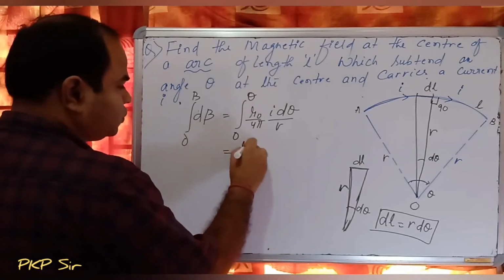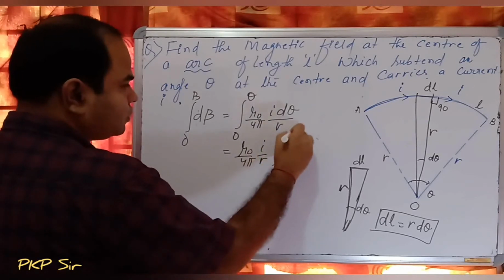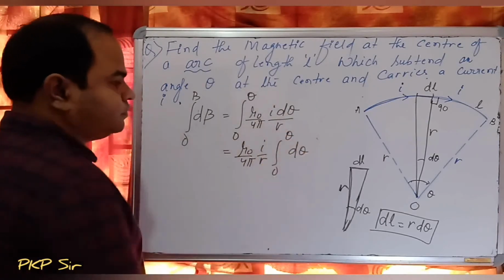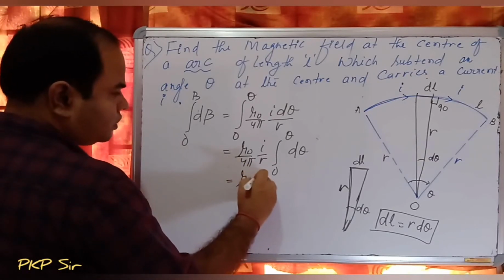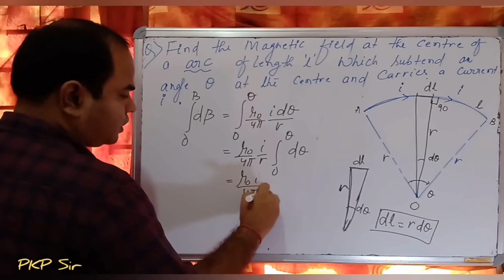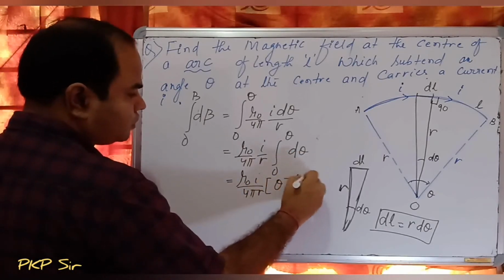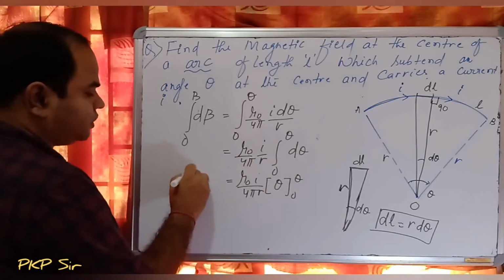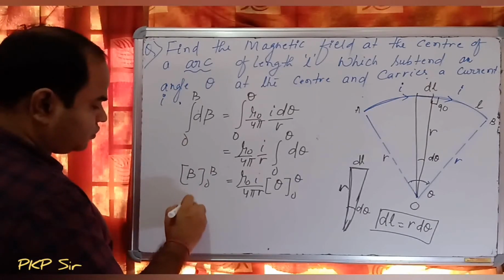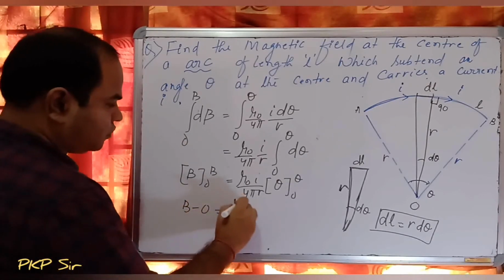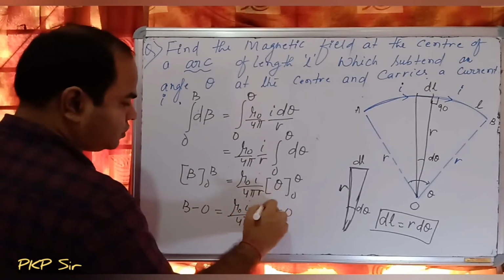So this is mu naught by 4 pi I by r, integral from 0 to theta of d theta. We can say this is mu naught I by 4 pi r times the integral of d theta from 0 to theta, and dB integrates from 0 to B. So B minus 0 is equal to mu naught I by 4 pi r times theta minus 0.